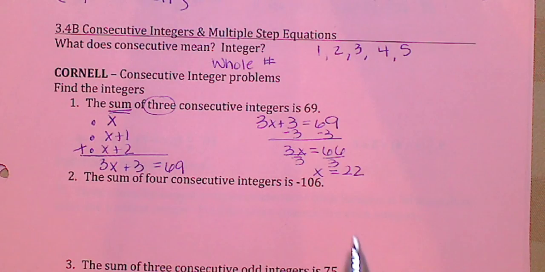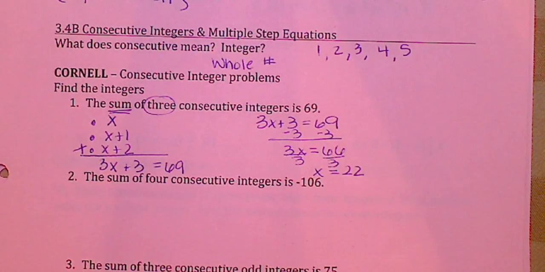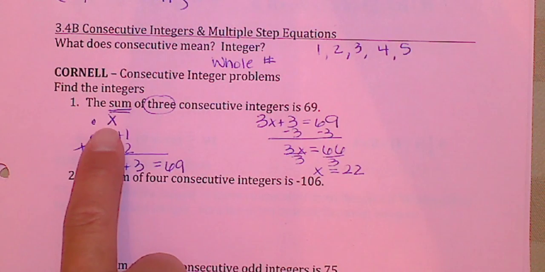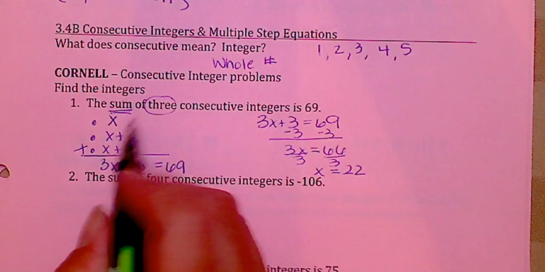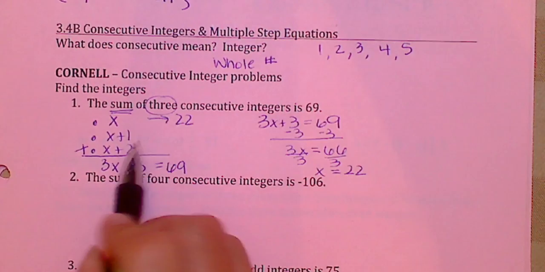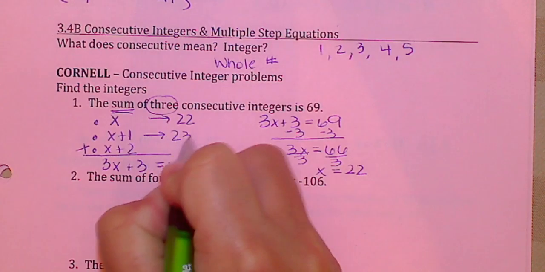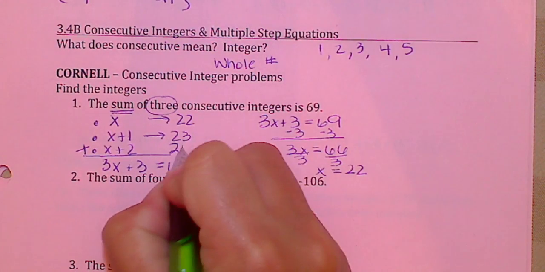First, we are going to write a sentence eventually. But what I'd like you to do then is to take the 22 and plug it back into each of these expressions to figure out what these 3 numbers should be. So x is, of course, 22. x plus 1 would then be 22 plus 1, which is 23. And then x plus 2 would have to be 22 plus 2, which is 24.